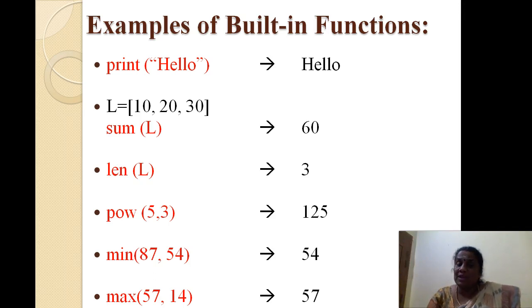For example, there is a list called L with three elements: 10, 20, 30. If you want to find the sum, we can use a function called sum. Or if you want to find the length of that list, then we can use len. Similarly, you can also use power, minimum and maximum. All these functions are built-in functions that we can use.